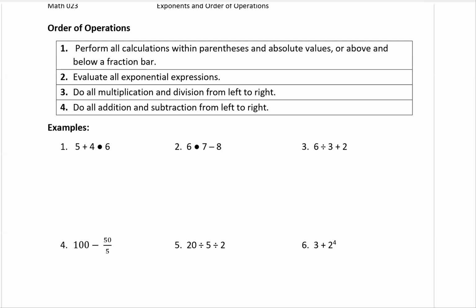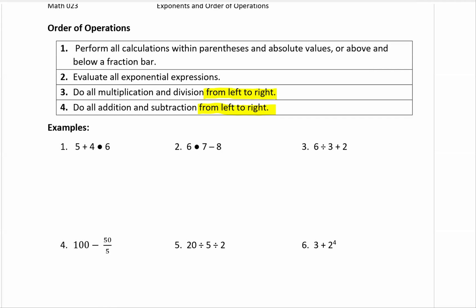Number 3, do multiplication and division left to right as they appear in the problem. Step 4 is you do addition and subtraction from left to right as they appear in the problem. So division doesn't always come before multiplication. Multiplication does not always come before division. It depends on how the problem is written.